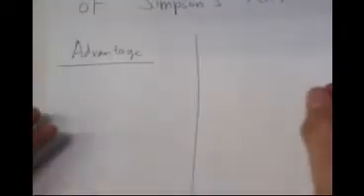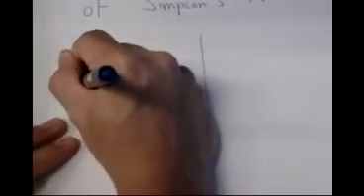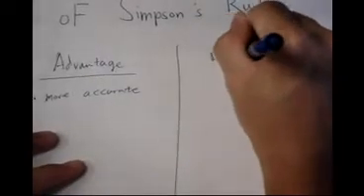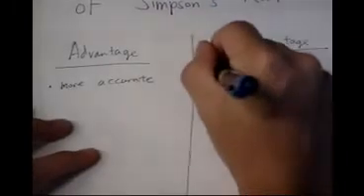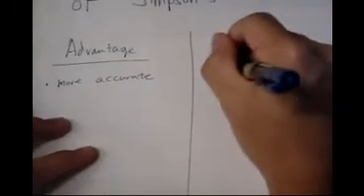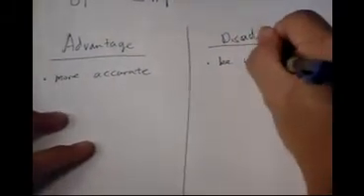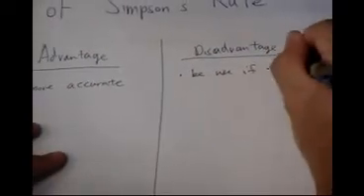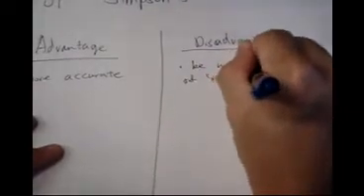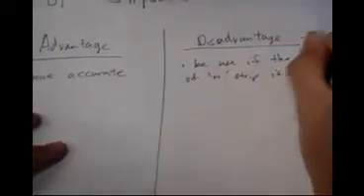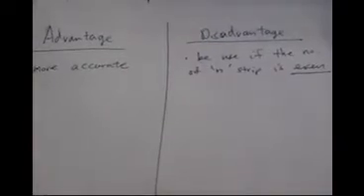The advantage of Simpson's rule is that it is more accurate compared to trapezoidal rule, and its disadvantage is that it can only be used if the number of n strips is even. And therefore this is the advantage and disadvantage of Simpson's rule.